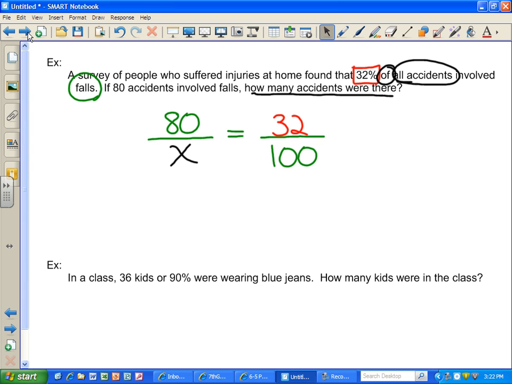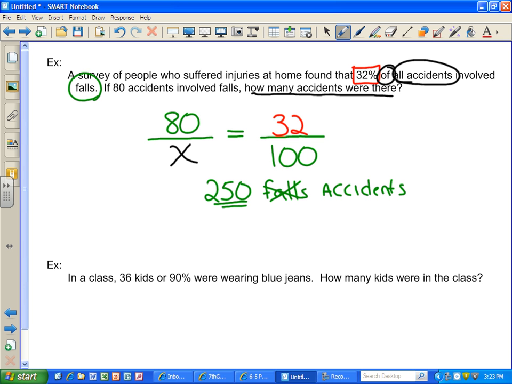We divide it by 32. So there were 250 accidents, and 80 of them were caused by falls.